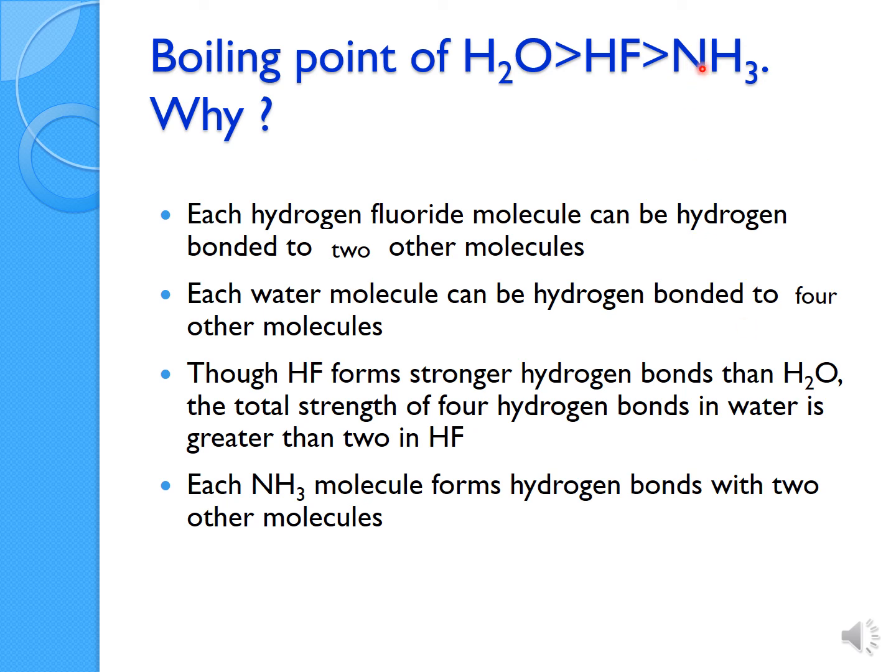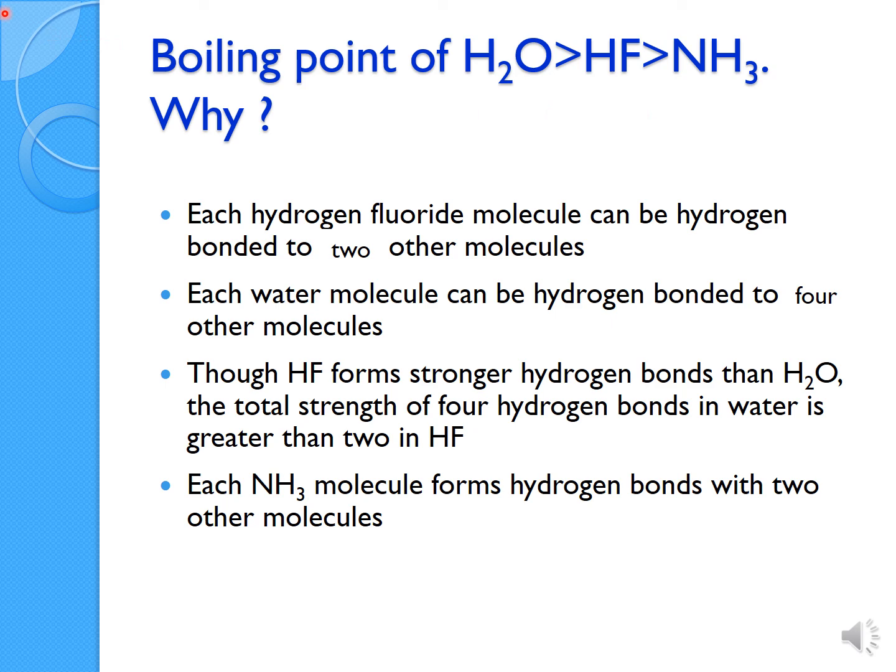The strength of hydrogen bonding is greater in water than HF, which is greater than in ammonia. Therefore, the boiling points are in the order water, hydrogen fluoride, ammonia. Because of this, water is a liquid while ammonia is a gas at room temperature.